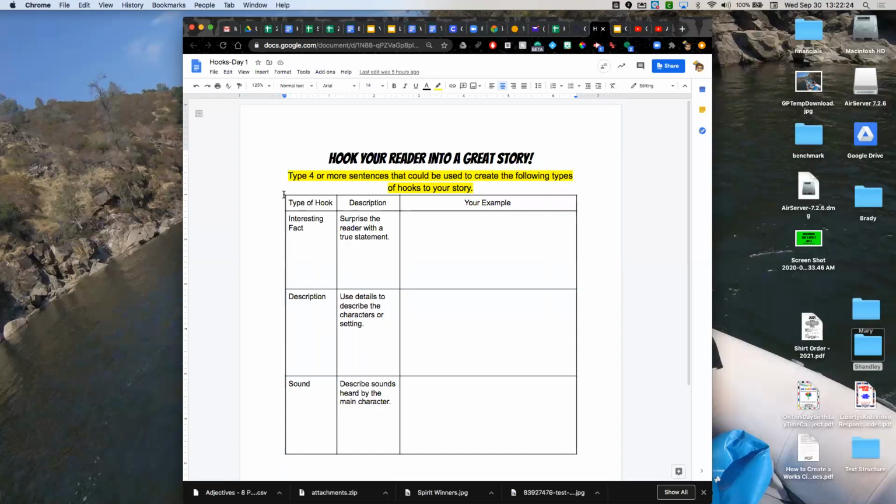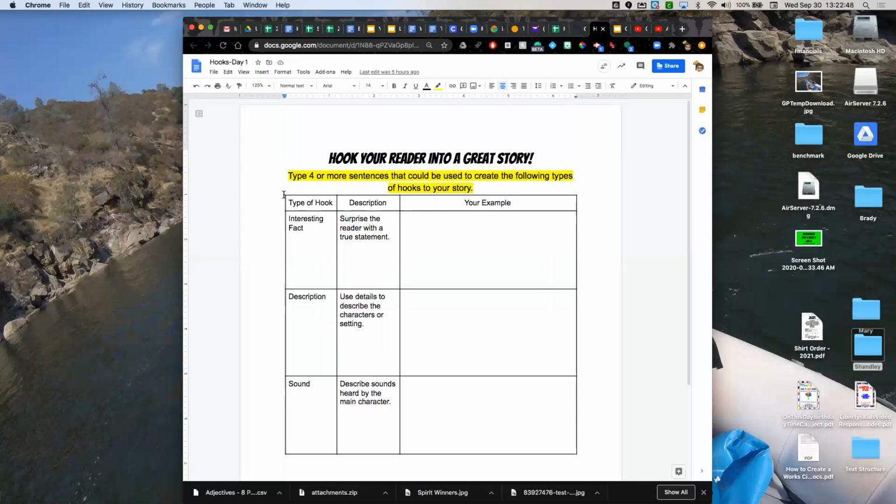Okay, so there you can see they took the fact that they're waking up on their birthday and they have made it into some true statements, right? The number of times you've woken up, the number of times you've brushed your teeth or eaten pizza. Those are some true statements that are really kind of interesting facts that are going to make the reader want to continue reading on. And notice they didn't just give 1 sentence.